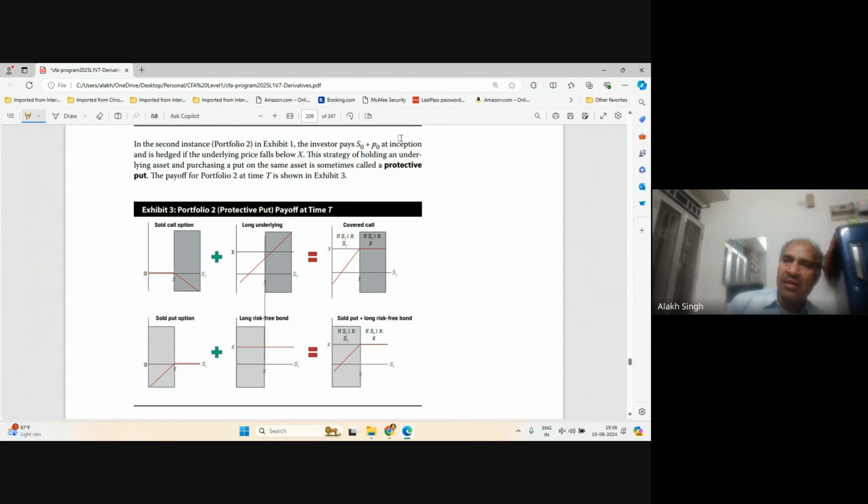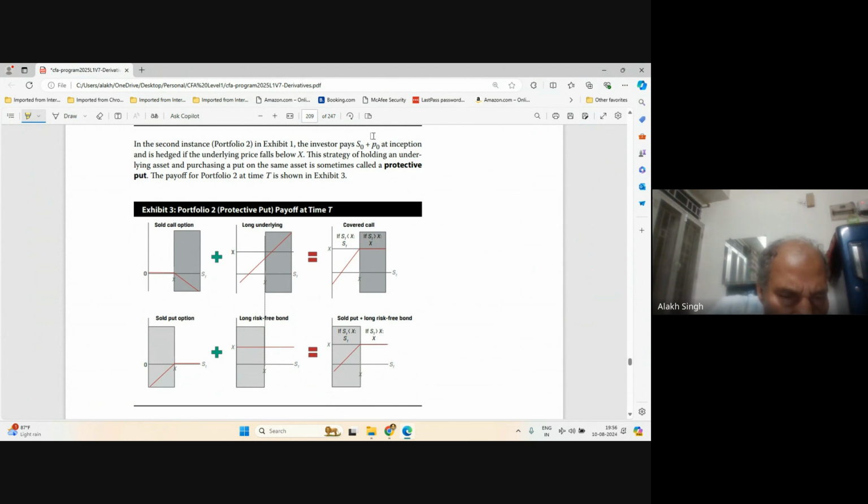But still, the loss can be unlimited, because if the call price goes up very high, the loss can still be unlimited. But some money, the bond which will mature at X, has still been protected against credit risk. So that's why it is called a fiduciary call. It is reducing some risk, some credit risk of the call seller.